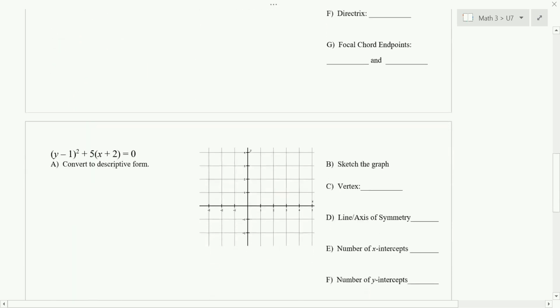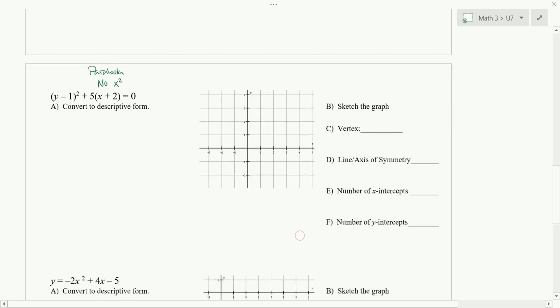How about this one? This is also a parabola. Because there's no what? No x squared. Okay, so you want to be careful that you look at that.